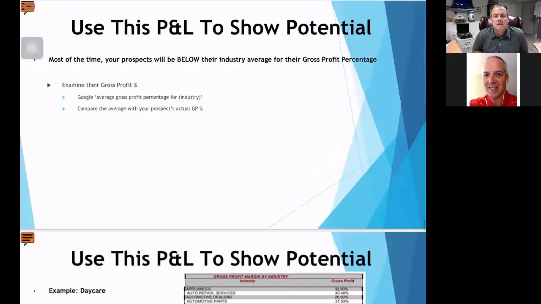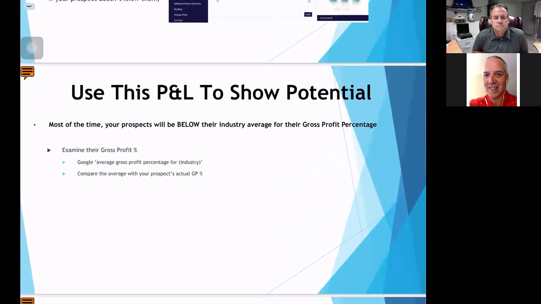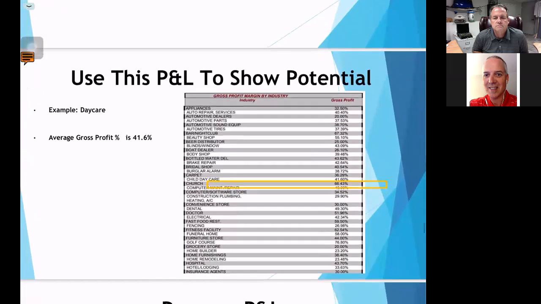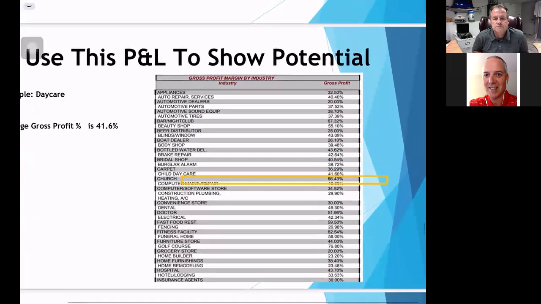One last little bonus thing: if you don't know what your profit margins should be, whether you're in the landscaping business or the daycare business, it's really easy to Google this. For example, Google "daycare average gross profit margin," and usually you'll get an industry piece like this that shows what the profit margins are and what your business should be.